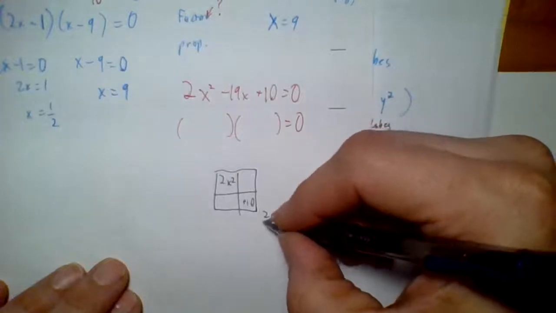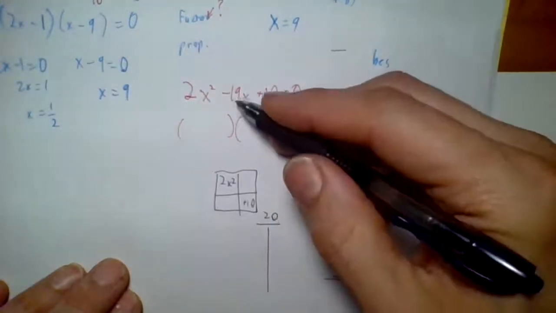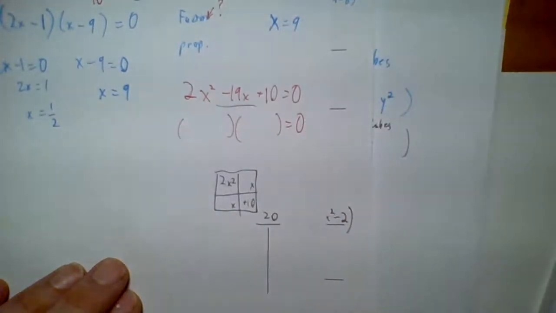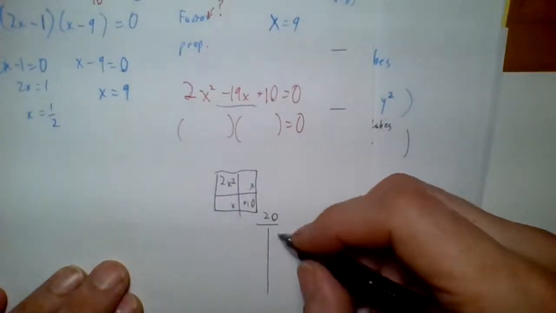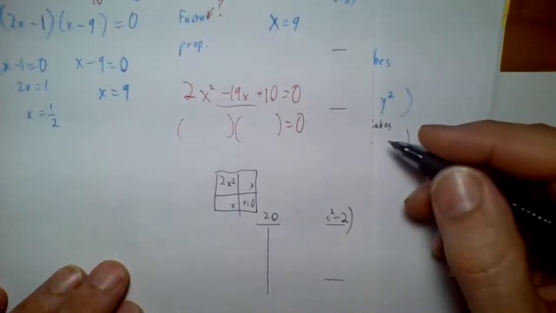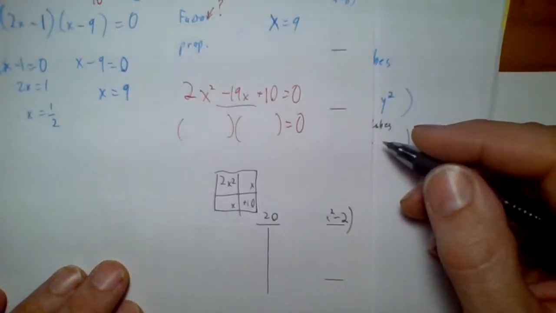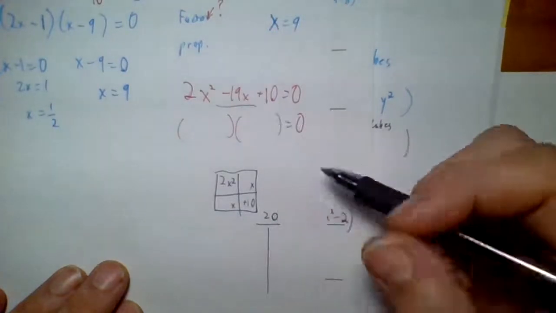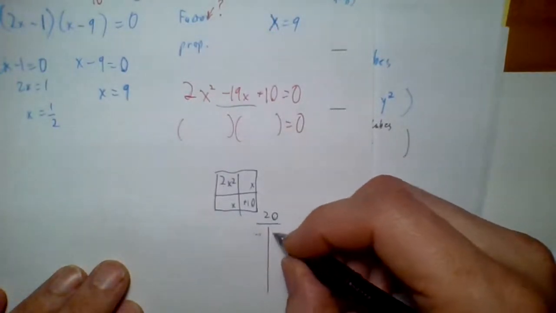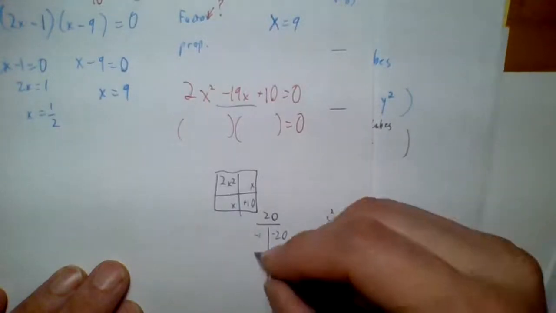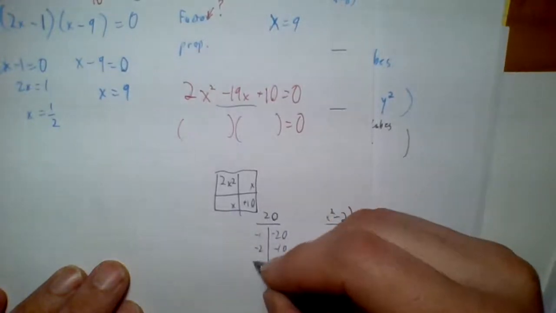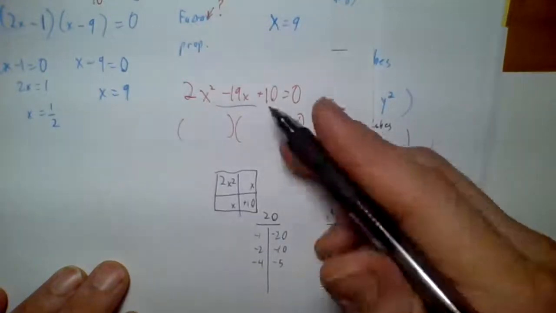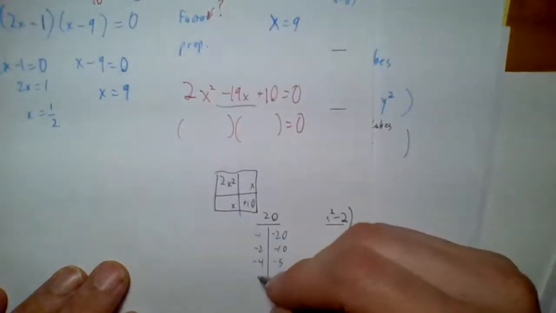So I need numbers that multiply to 20 and add up to minus 19. I was thinking 1 and negative 20, but that doesn't multiply to a positive. I need either both positives or both negatives, and that's not going to happen. If I try to use negatives, they don't add up to 19. There's only a few things that go into it. None of those are going to work. Positives aren't going to add up to negative 19. Nothing works here.